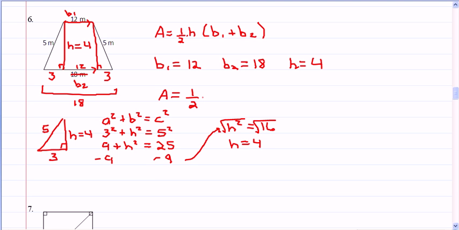So 1/2 times the height of 4 times base 1 plus base 2 is equal to half of 4 is equal to 2. 12 plus 18 is equal to 30. 2 times 30 is 60, and our units are in meters squared.